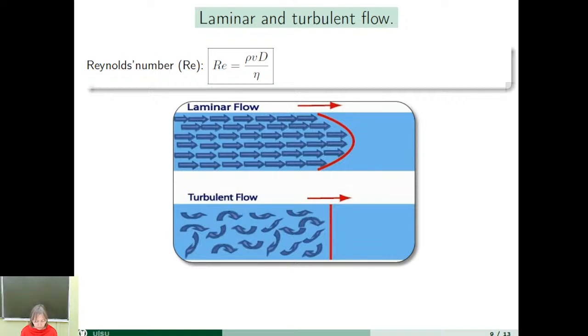If the Reynolds number is less than 2000, it is a laminar flow, and more than 2000, it's a turbulent flow of liquid.